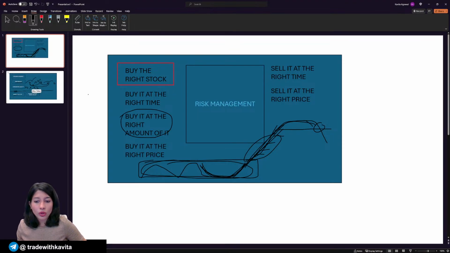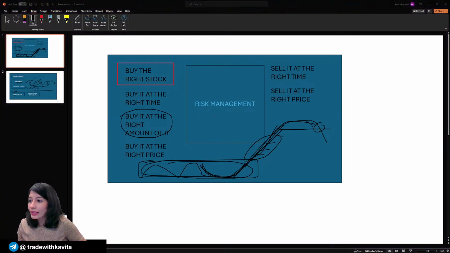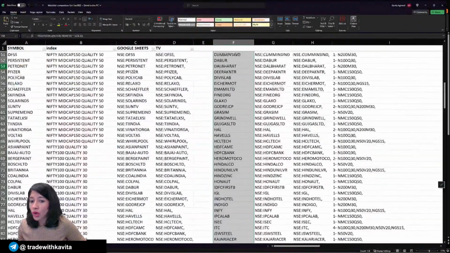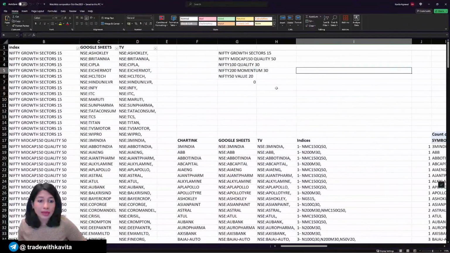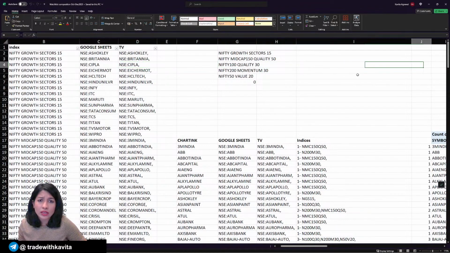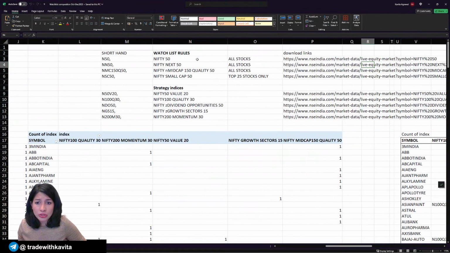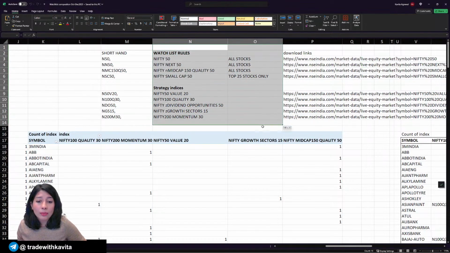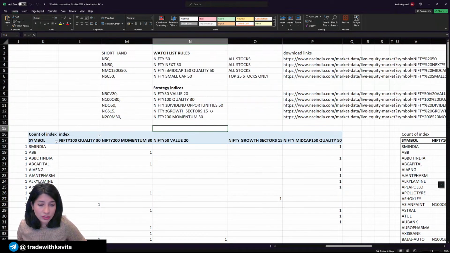So today we've talked in detail about the logic for buying the right stocks. I have told you at the end about the watch list methodology. I've discussed my watch list methodology in a lot more detail in another session, which is there on my YouTube. But if you missed it, these are basically the indices on which I rely, and I refresh the index list every 3 months.